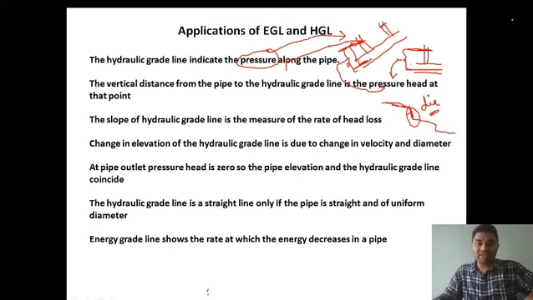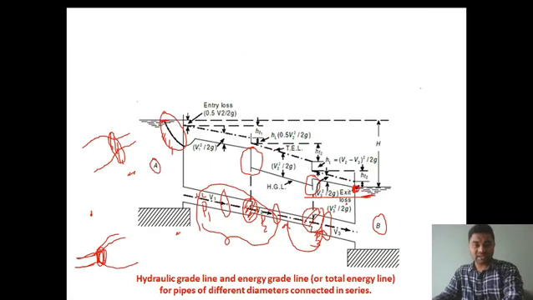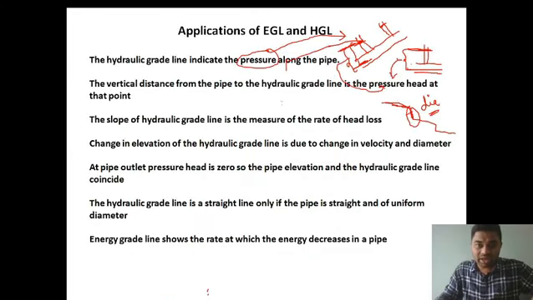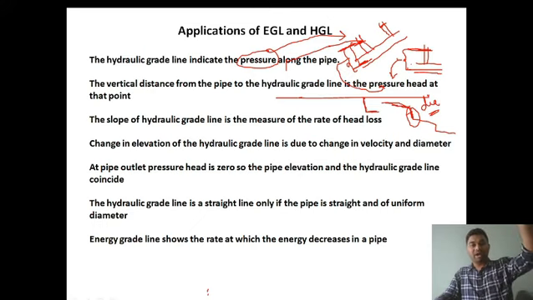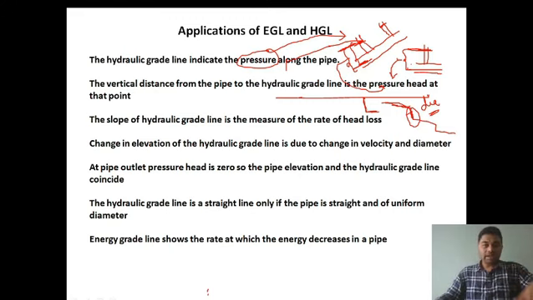In the series case, the hydraulic gradient, which was flowing constantly, suddenly falls or rises if there is a change in pipe diameter. So this change in elevation of the hydraulic grade line is due to a change in velocity and diameter.